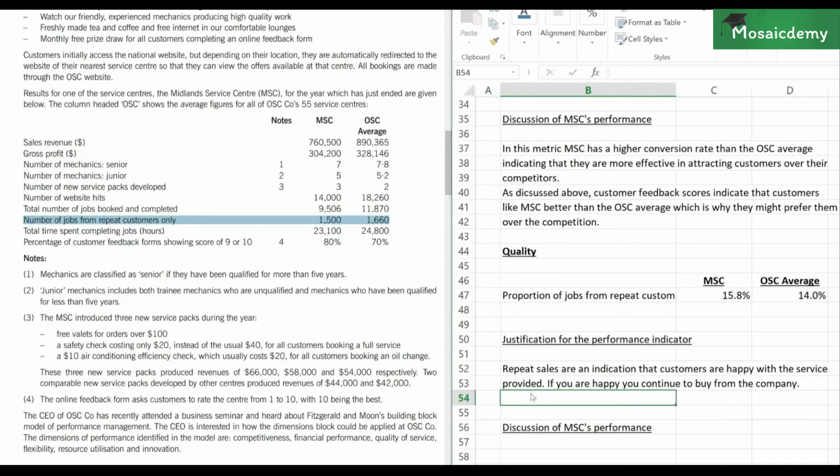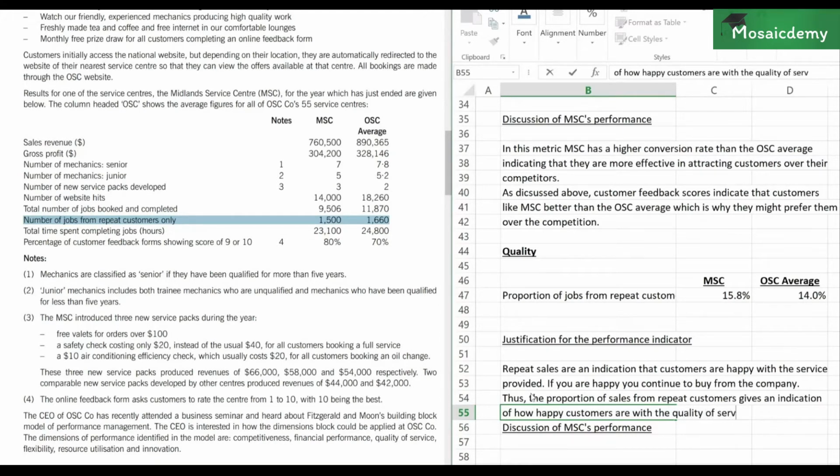Thus, the proportion of sales from repeat customers gives an indication of how happy customers are with the quality of service provided.